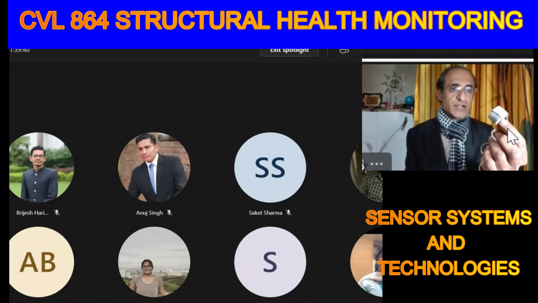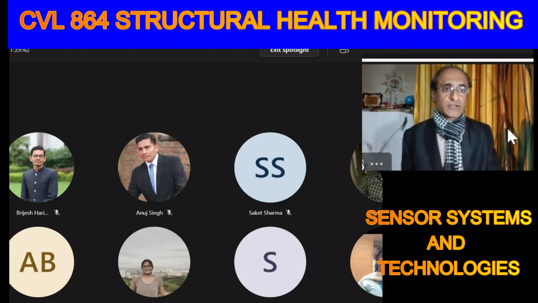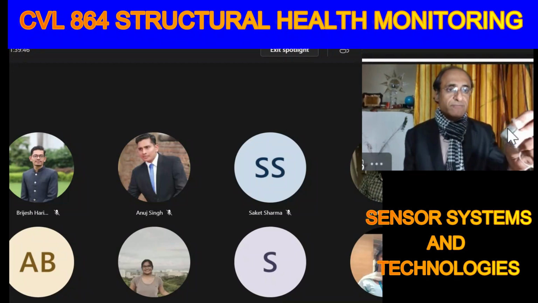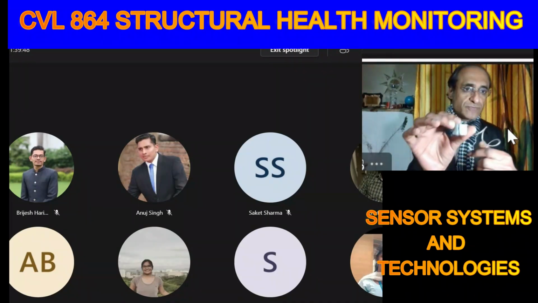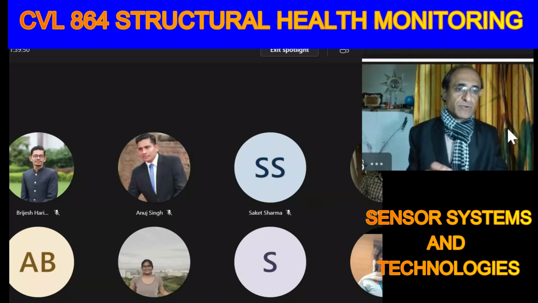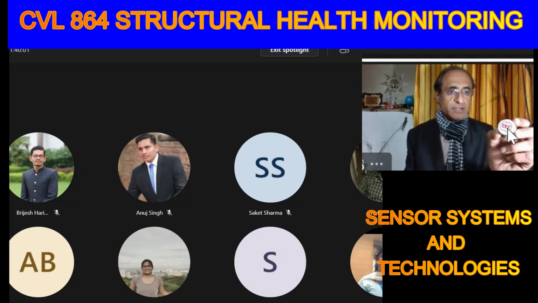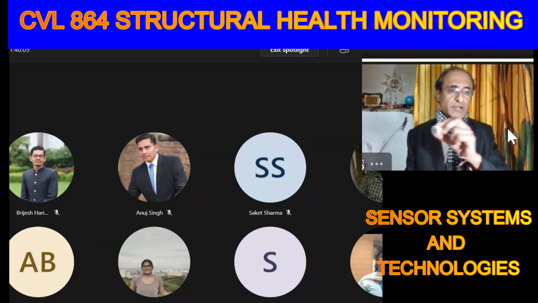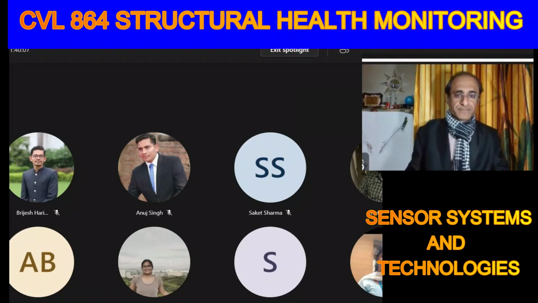The advantage is that we can very easily embed it inside concrete anytime during the casting process itself, and it can be made to have an effective bonding with the surrounding concrete, and then it can be used for monitoring the structure for the long term. We have given the license to Central Electronics Limited to produce these sensors.